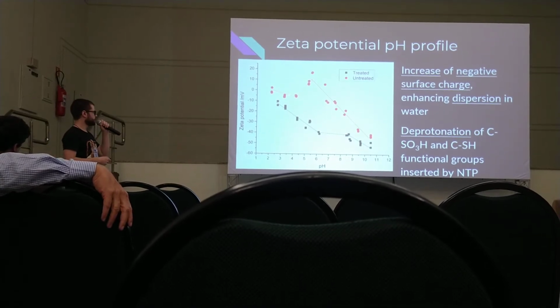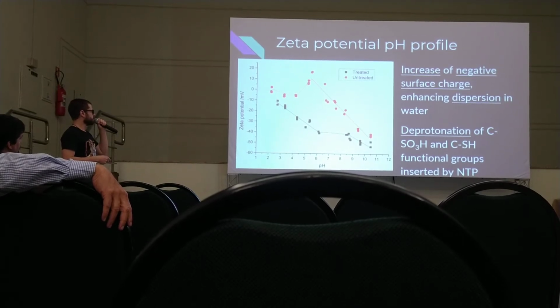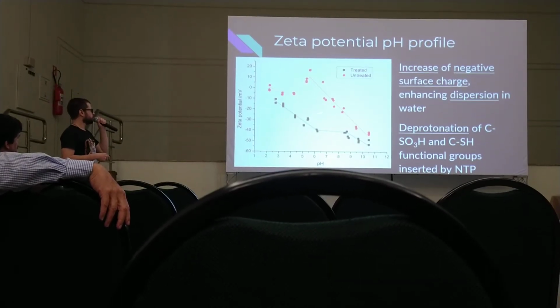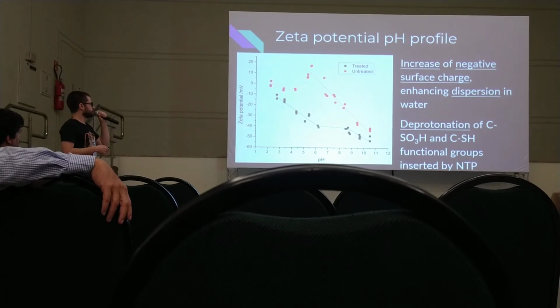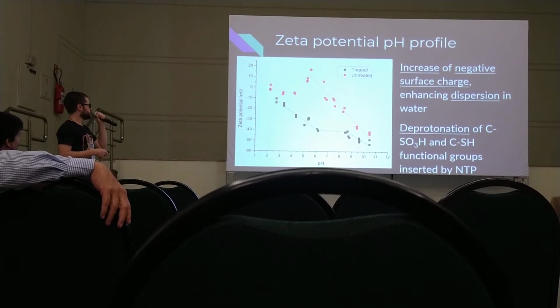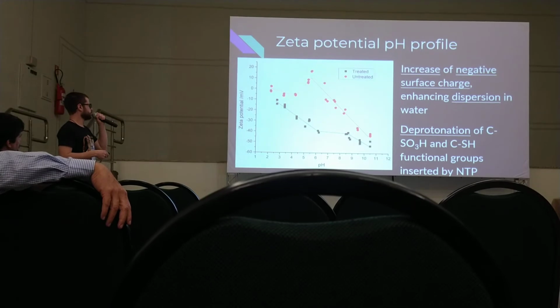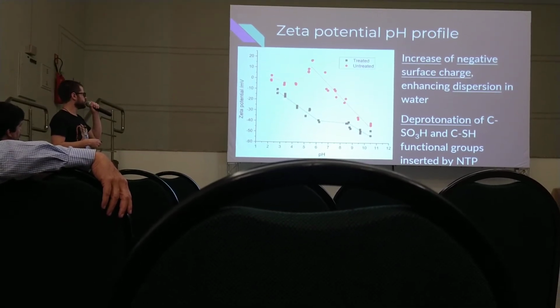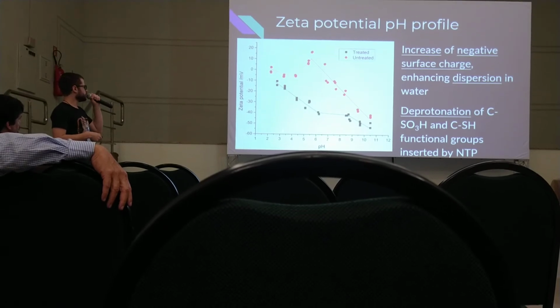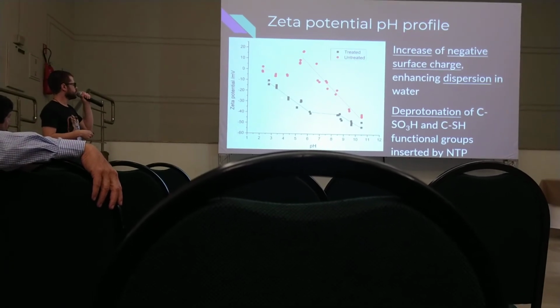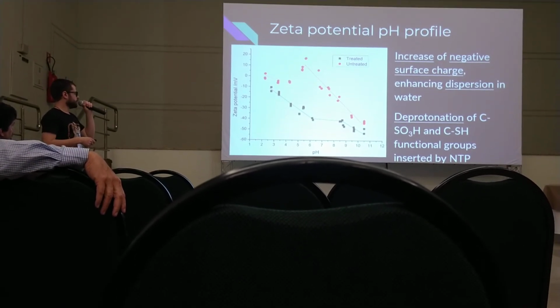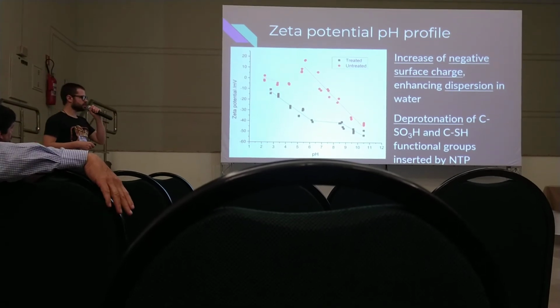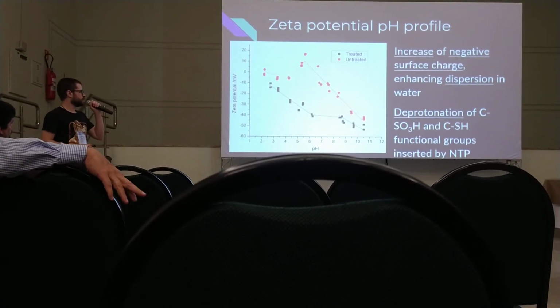As you can see, it is considered stable above 20 millivolts of charge, and so the untreated one is mostly uncharged unless it is really alkaline, while mine is negatively charged after about pH 3.5 to 4. And this explains why it disperses so well in water.